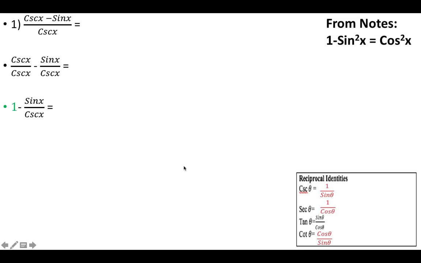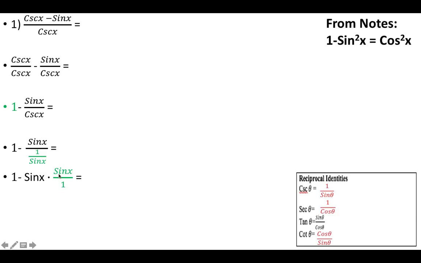So cosecant x, if I look at my key, is equal to 1 over sine x. So this right here is going to become 1 over sine x. Now, when you have a fraction in your denominator, what you're going to do is take that denominator, flip it, and multiply. So that's what I do. See, I flipped it, and we're multiplying.